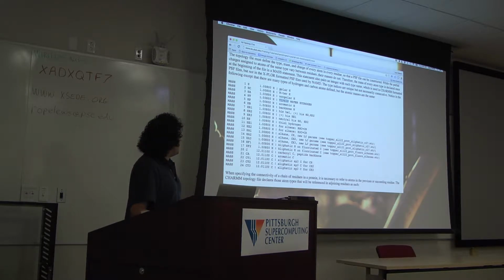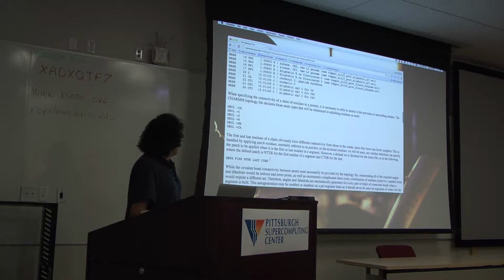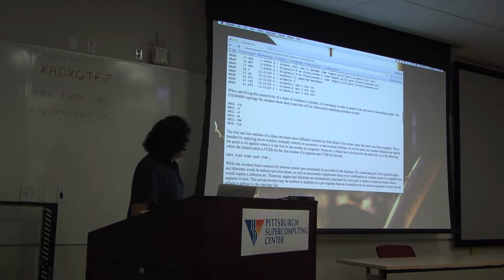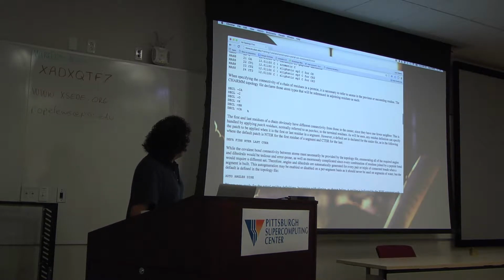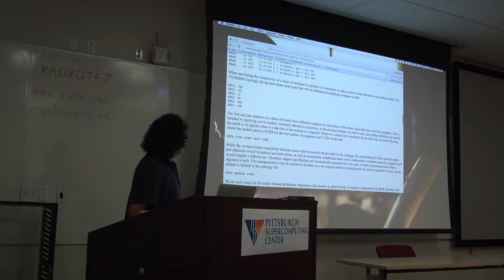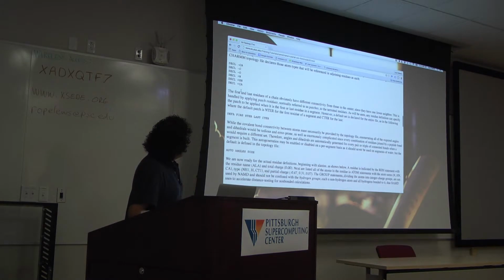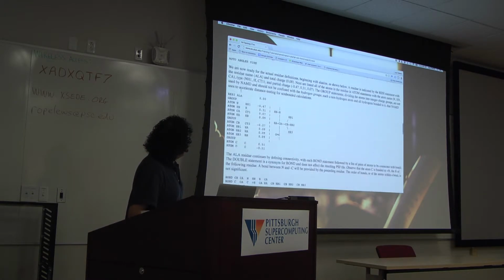This is a polar hydrogen. This is an N-terminus hydrogen, and so on. So you have the atom type, but they're all hydrogens, and they all have the same mass. Same for carbons here. This is just declaring the atoms that are going to be connected.